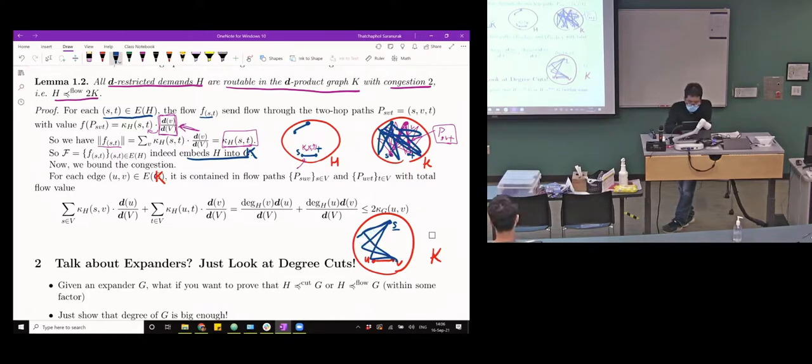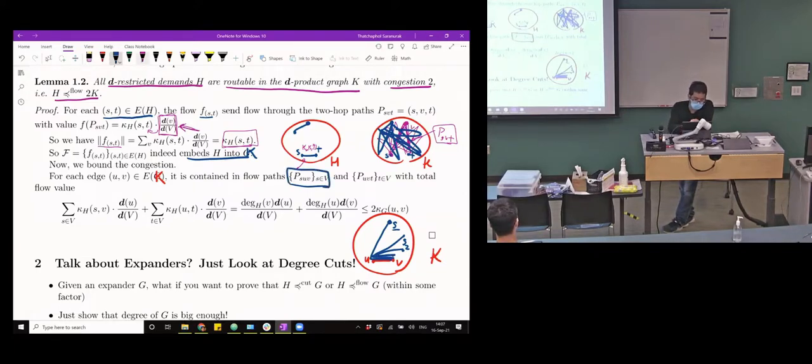But one of the flow paths will be the one that goes through U and then to V. And you just take this over all sources. So it's going to be maybe S2 that sends something like this, and S3 sends something like that. So that is just one side.